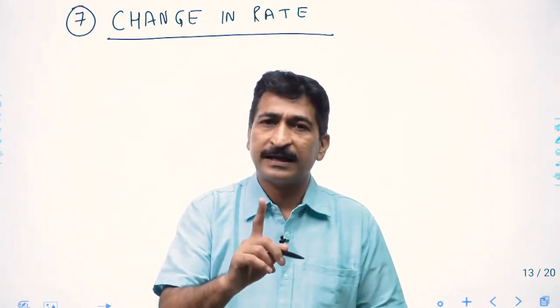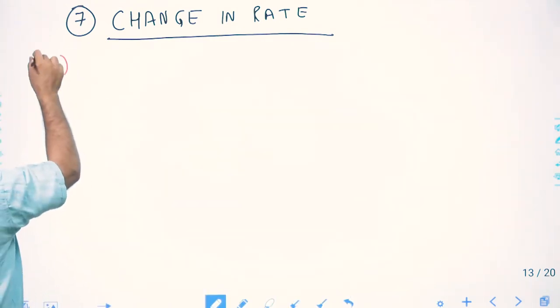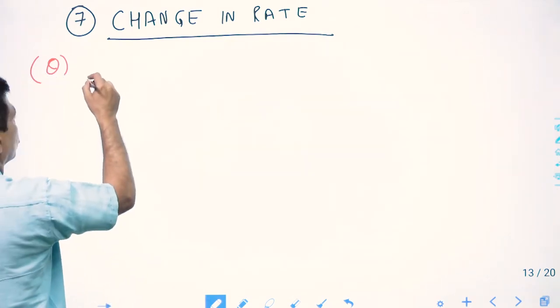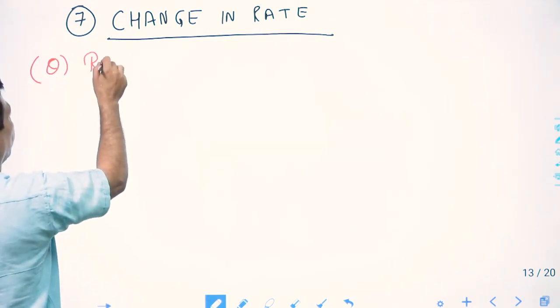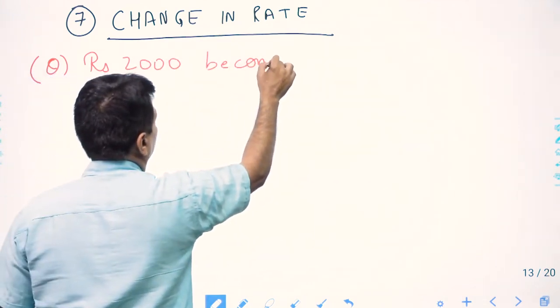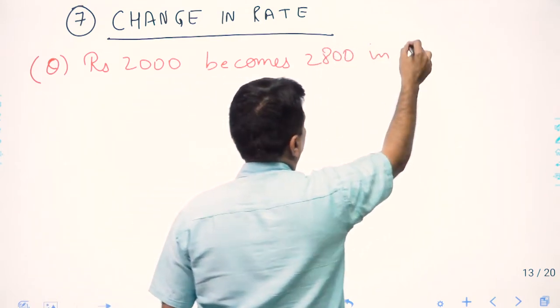Rate is always calculated on principal, mind it. Let us do one question. The method will not change, only the type will change. Rupees 2000 becomes 2800 in 4 years.